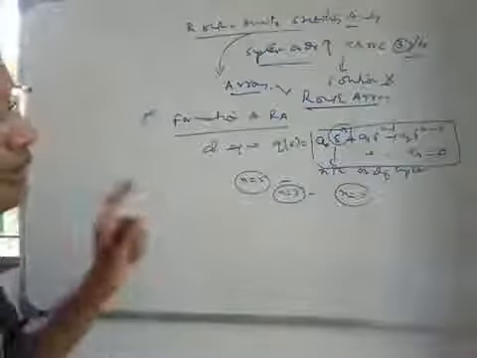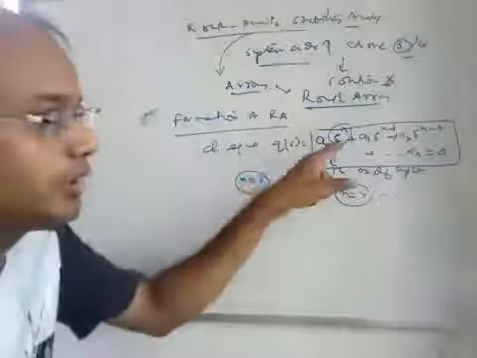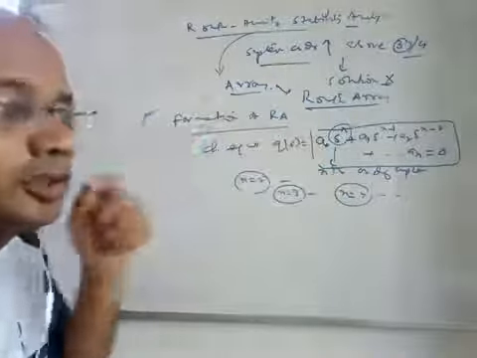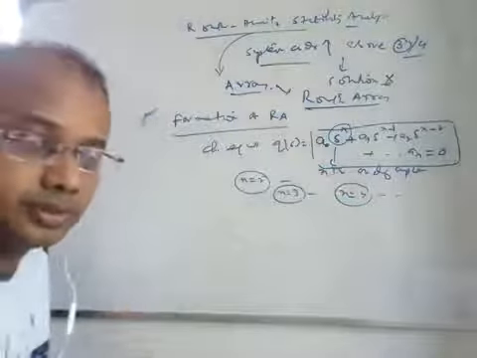First of all, if this is your nth order, then this a0 must be positive, right?